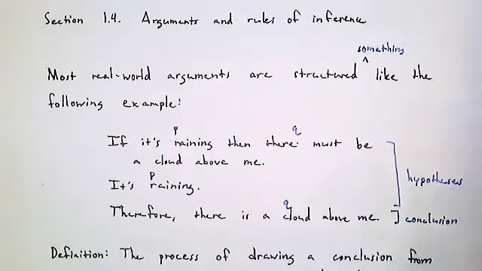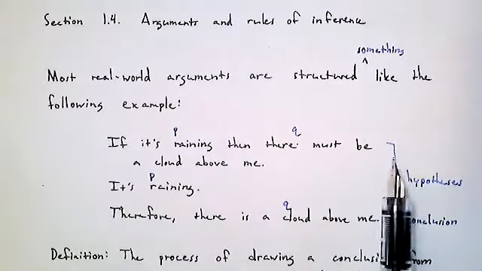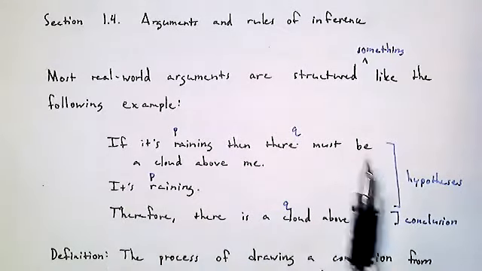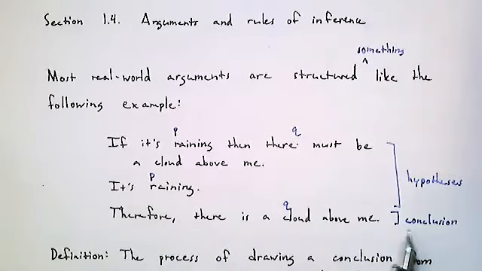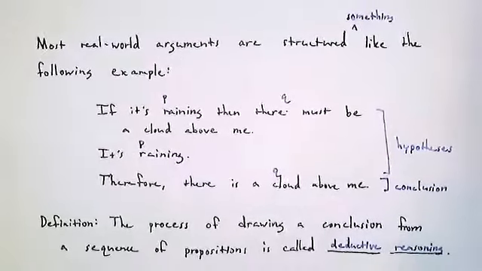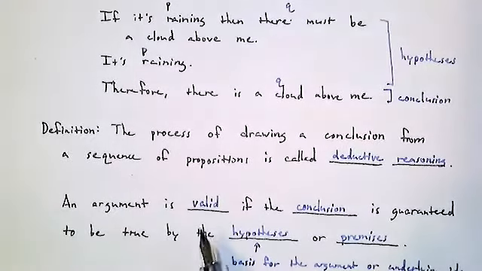And the thing to remember about arguments is that you're going to have a sequence of hypotheses which you are claiming are true, and then you're using your hypotheses to justify your conclusion. And there's this technical word in arguments that we need to remember: valid.